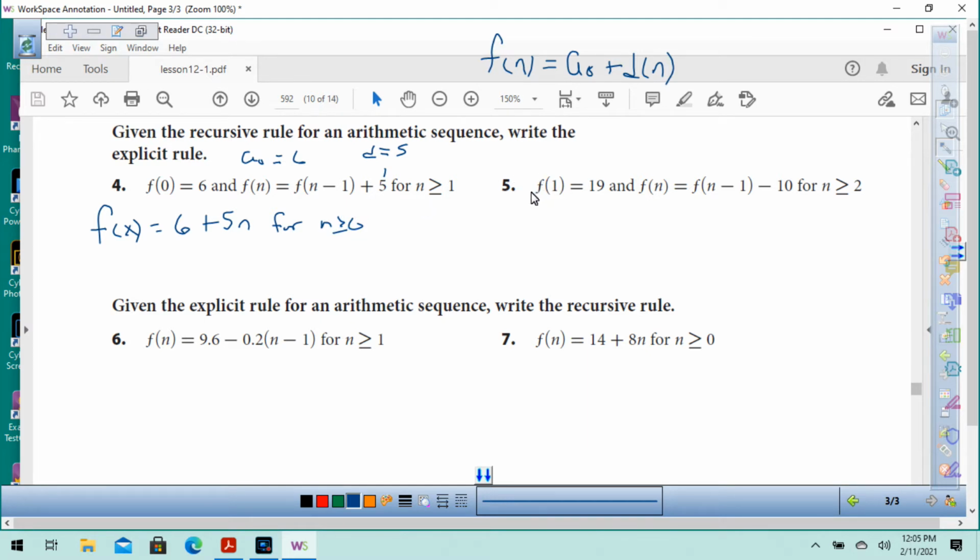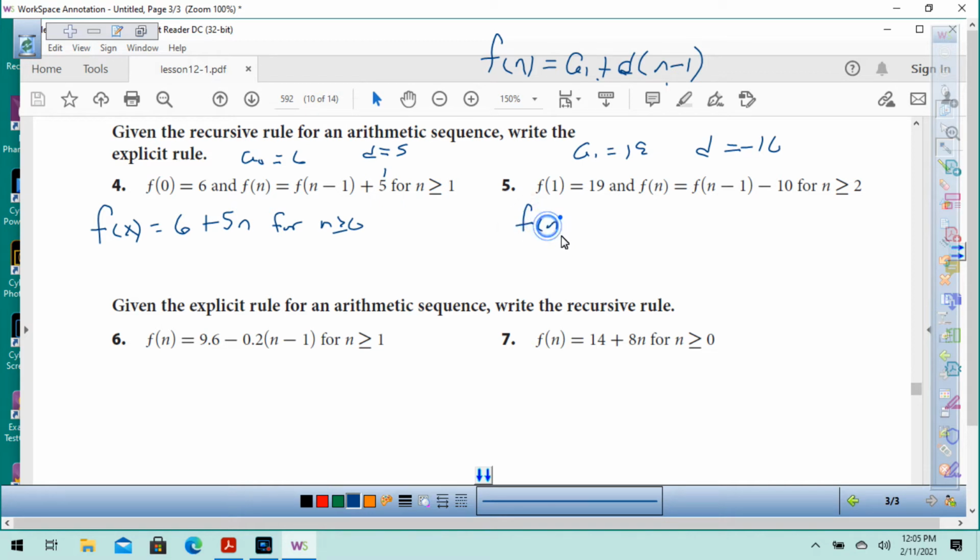Now number 5 has changed a little bit. It's f of 1. So let's make this a sub 1 plus d times n minus 1. All right, so a sub 1 is 19, d equals negative 10. That's the common difference.